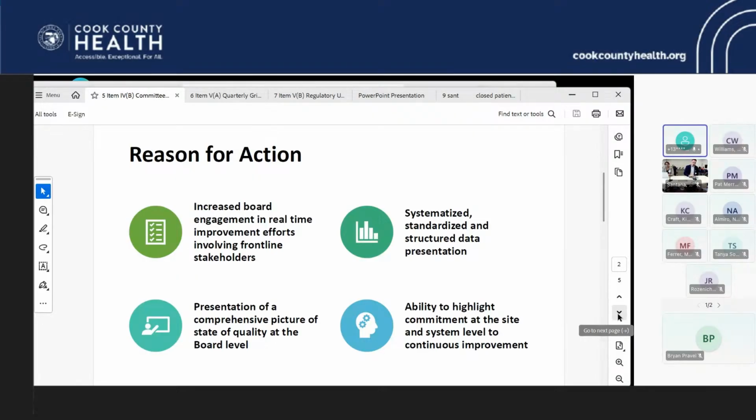Reasons for action, why would we want to do this? Underneath a lot of this, 2027 CMS will require structural safety measures. Those structural safety measures include a development of a learning environment within your facility, which effectively means how do we, as those running the hospital's operations, relate to and learn from those on the front line to help solve the issues that are under the domain of quality and safety and to keep our patients safe.